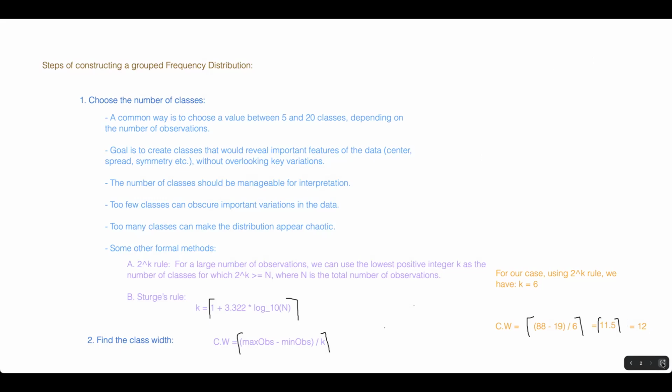Okay. So first we have to form the classes, right? So that would be the next step. So the third step would be to construct the classes for the distribution.